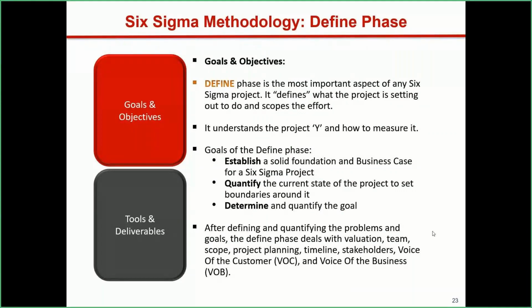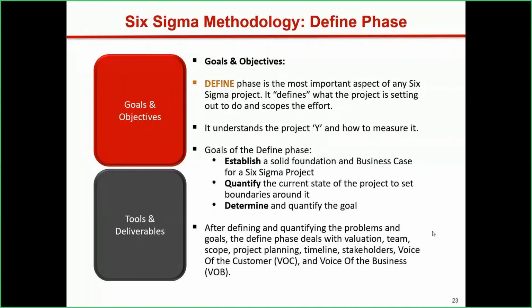So what exact project are you going to do? What is in scope, what is out of scope? You define it in the define phase. It understands the project's why and how to measure it. So it understands the why, that is the output, very clearly, and also knows how to measure it well.